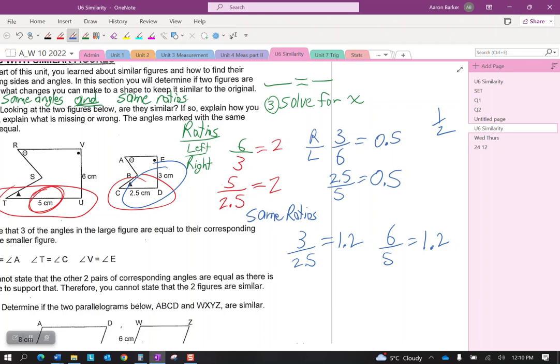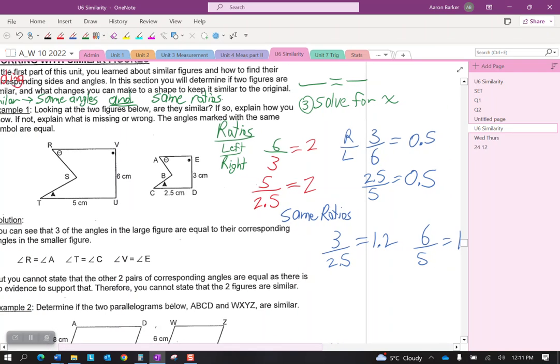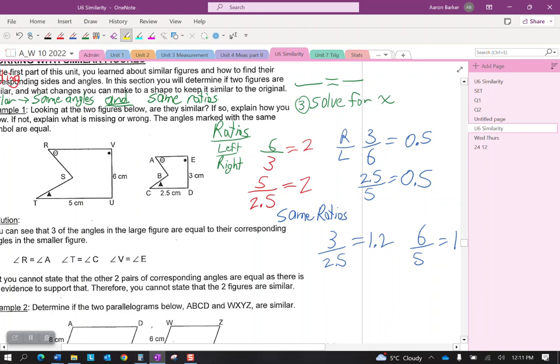Now, most would say, hey, ratios are the same, the shapes are similar, but they aren't. Let's take a closer look at the angles. Remember, it's not just one fact. Both facts need to be true. We haven't talked about the angles. So if I look at the angles, this angle and this angle are the same. This angle and this angle are the same. And the only other thing we know for sure is that these two angles are the same.